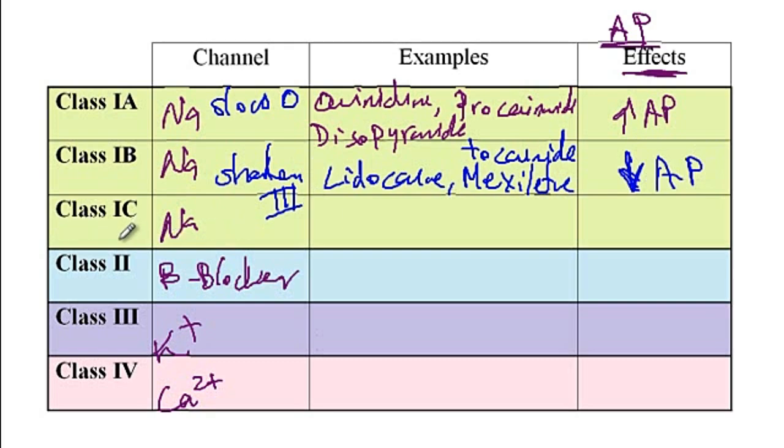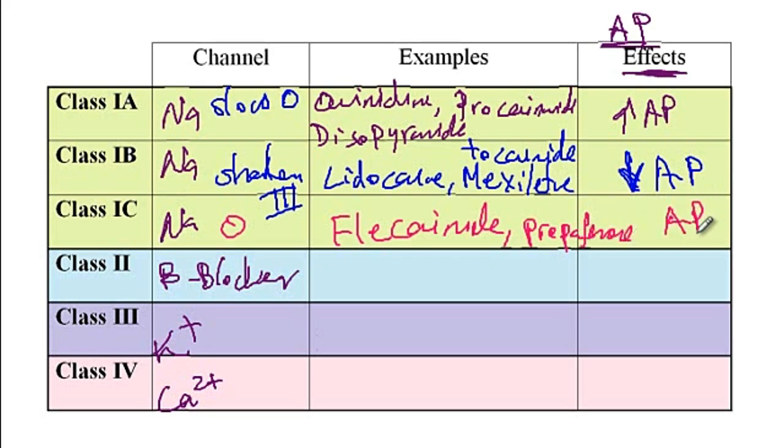And then the class 1C medications again slow phase 0 in the His and Purkinje fibers, and these medications include flecainide as well as propafenone. And these medications have a normal action potential. So unlike the other ones which affect the duration of action potential, class 1C does not affect the duration.